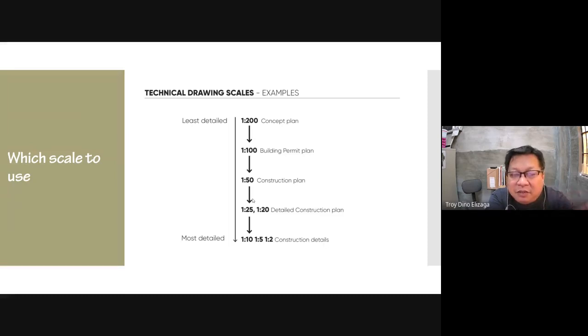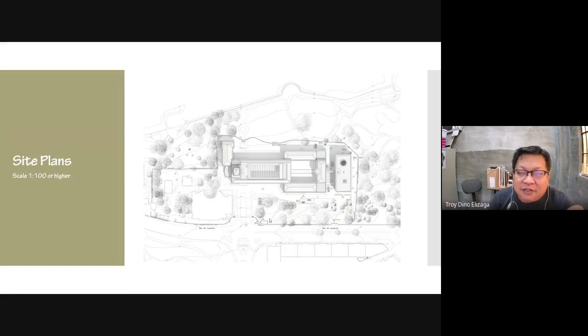And then getting bigger, you'll have the building permit plan, 1 is to 100, and then the construction plan, 1 is to 50. Then you have detailed construction plans, which are done in 1 is to 25 or 1 is to 20. And then the most detailed are construction details. I have a more detailed version of this.